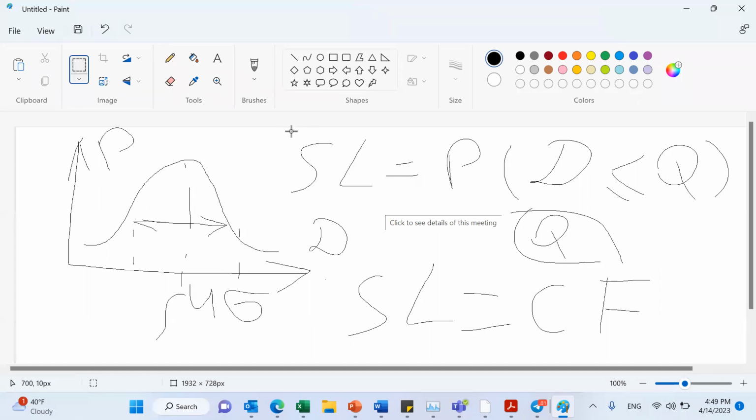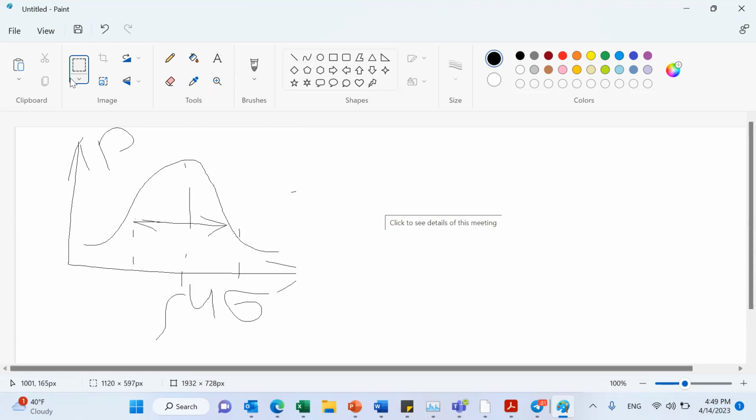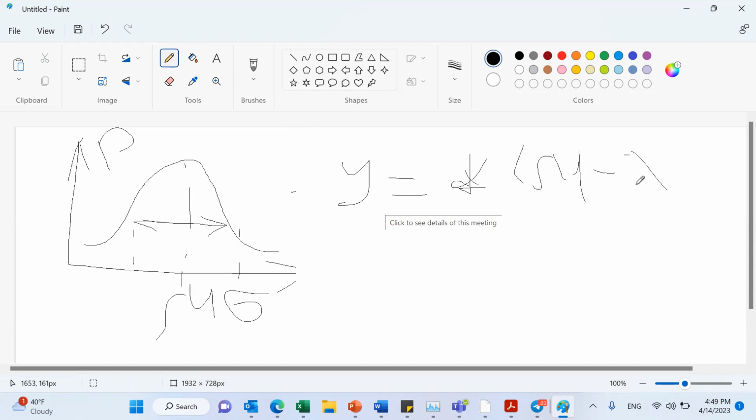Let me delete this first. It would be something like y equals... I don't remember the exact coefficients, but it depends on your mean and standard deviation. I could mess up this formula, but you can find it online.